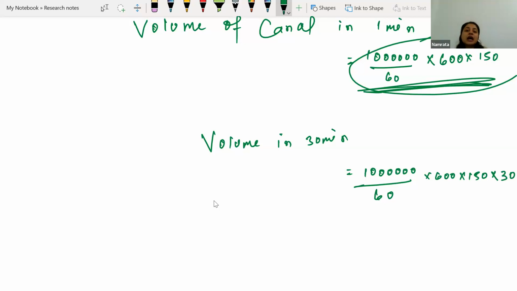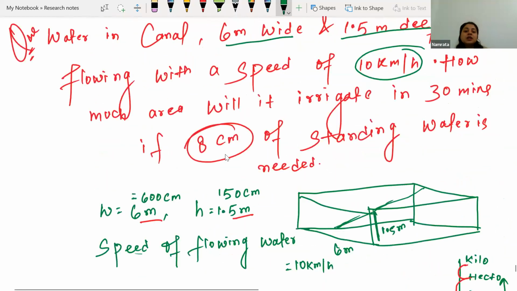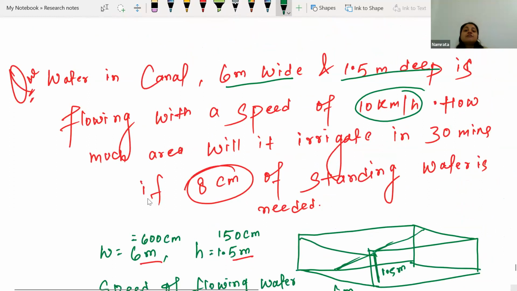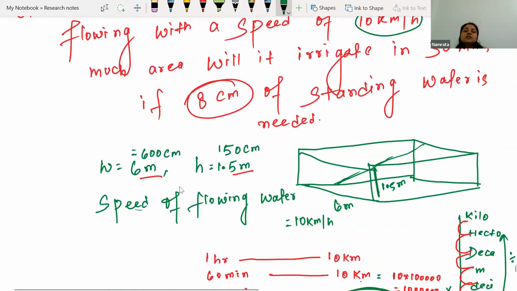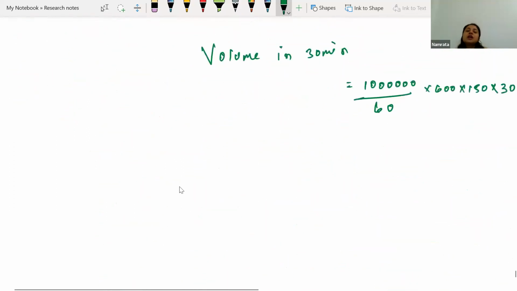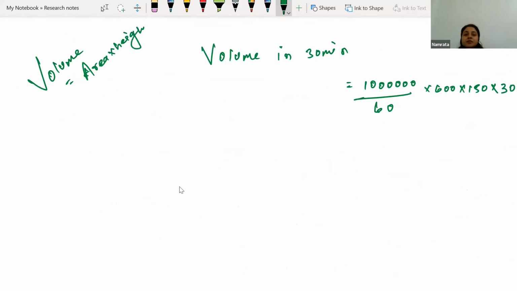We have to find how much area will be irrigated in 30 minutes if 8 centimeter of standing water is needed. Now if you know that the volume formula came from area times height, from here only the volume formula came. If you want to check, the volume of the cuboid is length into breadth into height, that is the area of the rectangle into height.